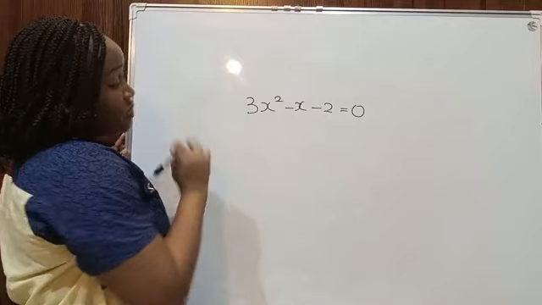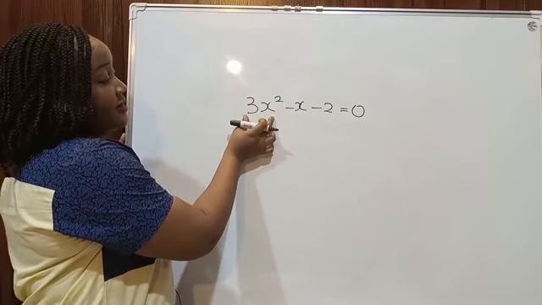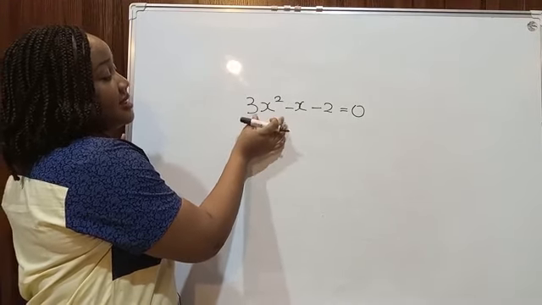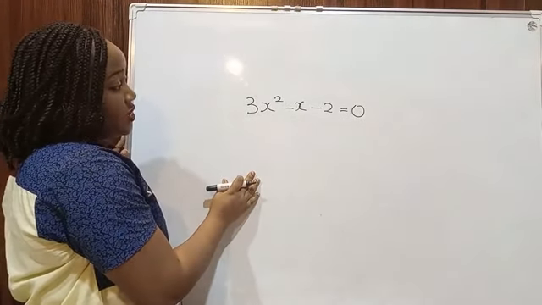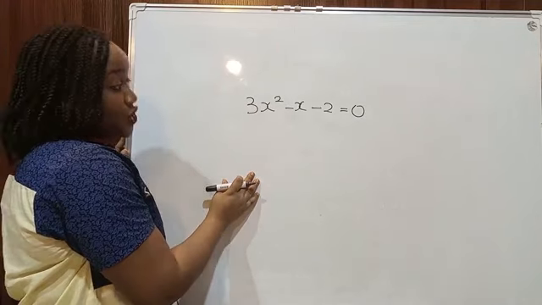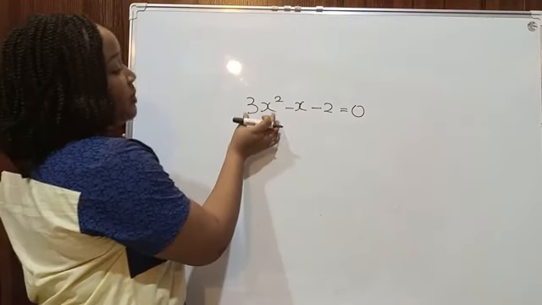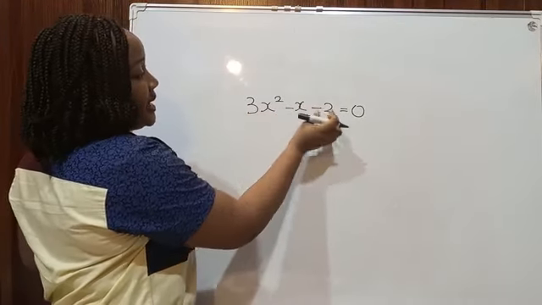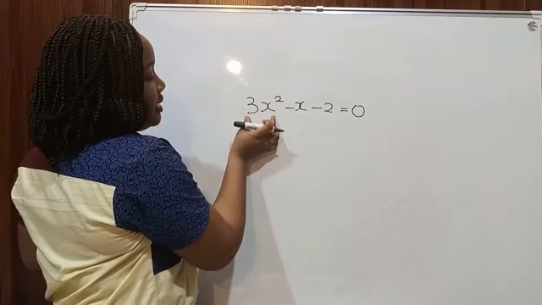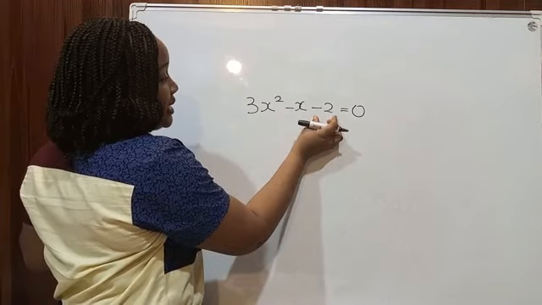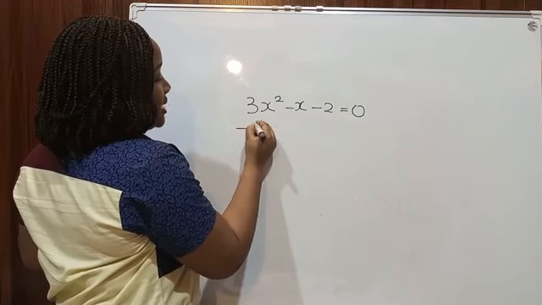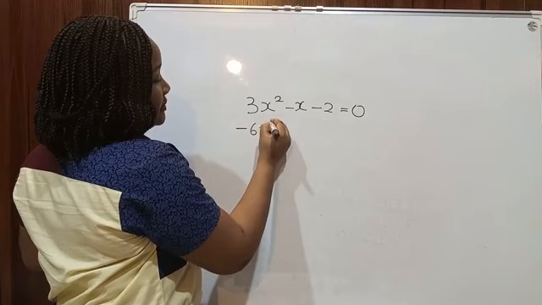When you're faced with an equation that doesn't have 1 as the coefficient of x squared, let's see how we'll go about solving it. First thing you would do is multiply this 3x squared by minus 2, which gives us minus 6x squared.